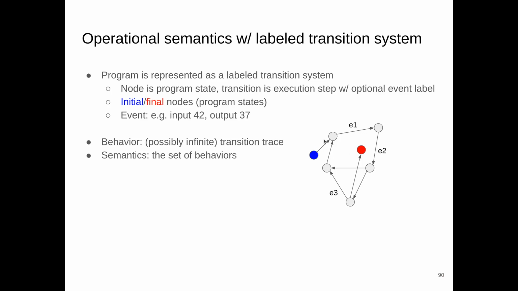Reading from the register and writing to the register is ignored because they are not interacting with the outside world, and we cannot observe the internal state of this program.